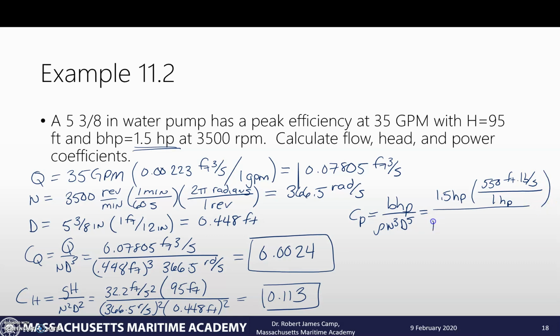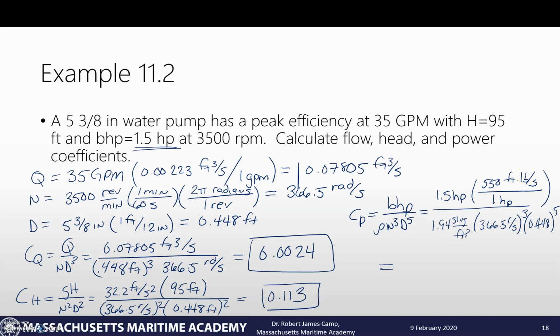And then I have my 1.94 slugs per cubic foot. It's my density of water. 366.5 radians per second cubed. And then 0.448. That's feet to the fifth. Now, as I'm taking a look at that, I have slugs down here. I've got foot-pound.